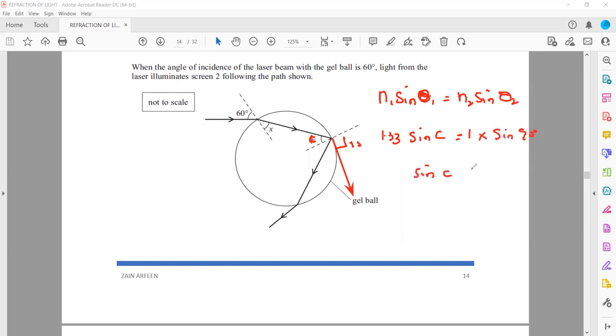So sine C is equal to 1 divided by 1.33, and the critical angle will be sine inverse of 1 divided by 1.33. This gives us the critical angle of this gel ball, which is about 49. So the critical angle is 49.